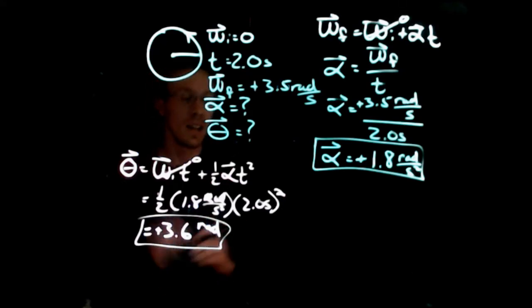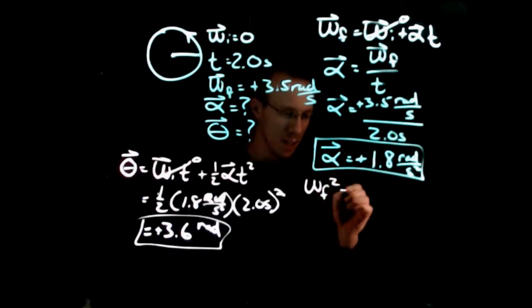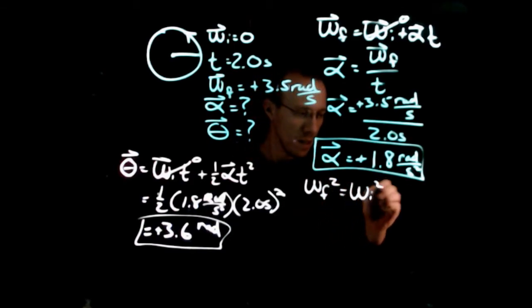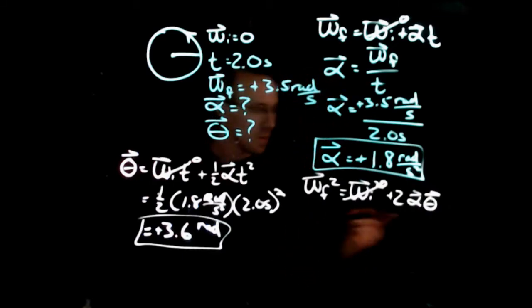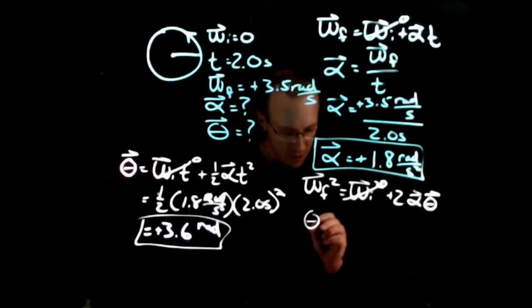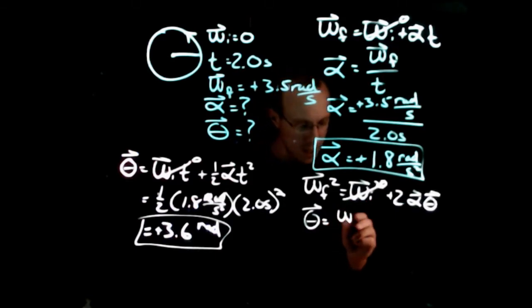You didn't. Now let's go ahead and solve it using the second equation. We're going to solve for theta. Remember that omega i, the initial angular velocity, is 0. And so we get the final velocity squared divided by 2 times the acceleration.